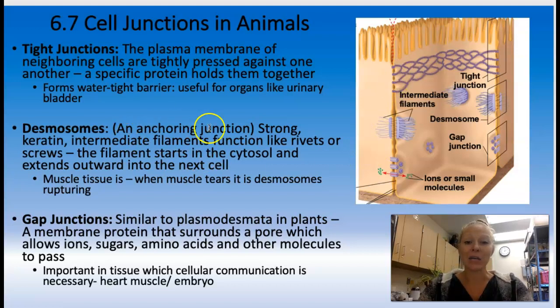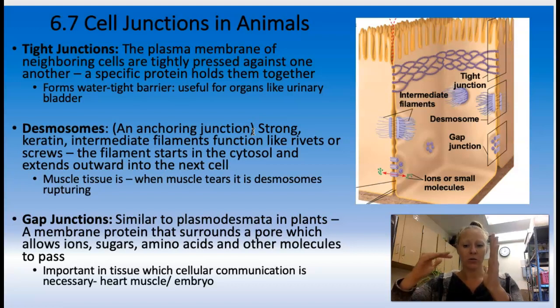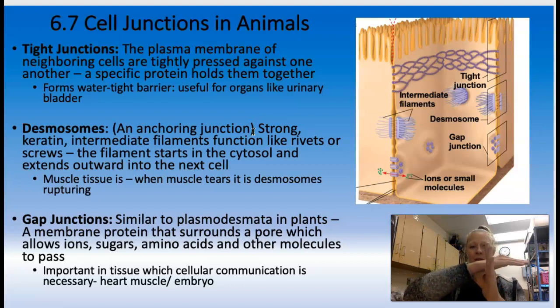The next is an anchoring junction. I like to think of these as sort of like screws. The screw is an intermediate filament that starts in the cytosol and is going to pass through and out into the next cell, anchoring it. The book gives an example of a rivet. It acts like a rivet. I think of it more like a screw.